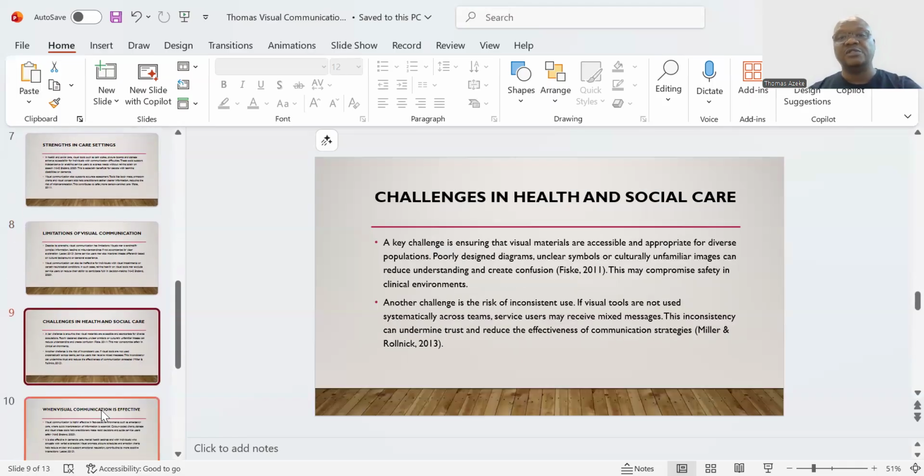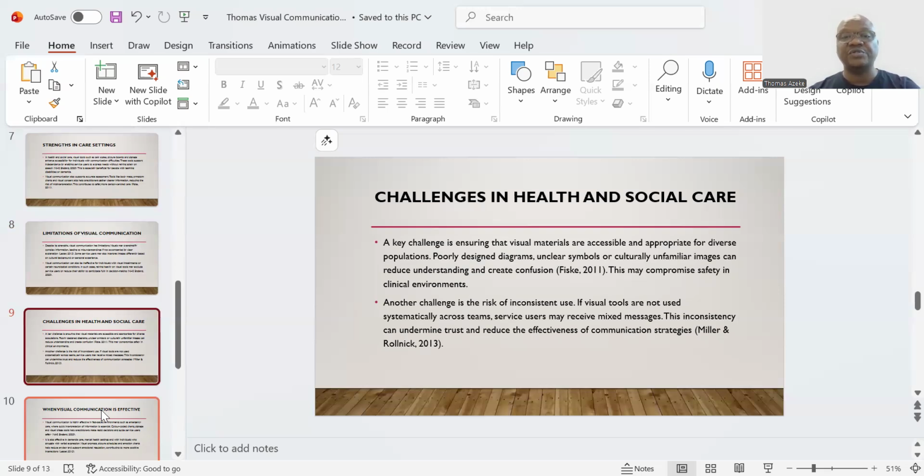Challenges in health and social care. A key challenge in health and social care is ensuring that visual materials are accessible and appropriate for diverse populations. Poorly designed diagrams, unclear symbols, or culturally unfamiliar images can reduce understanding and create confusion.